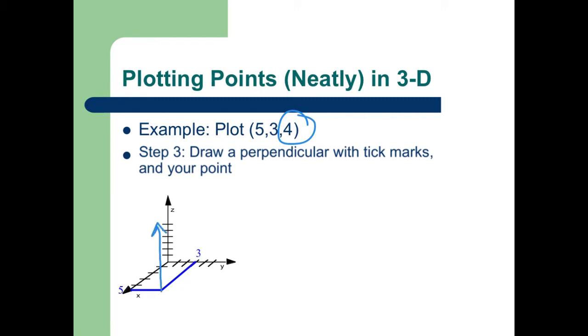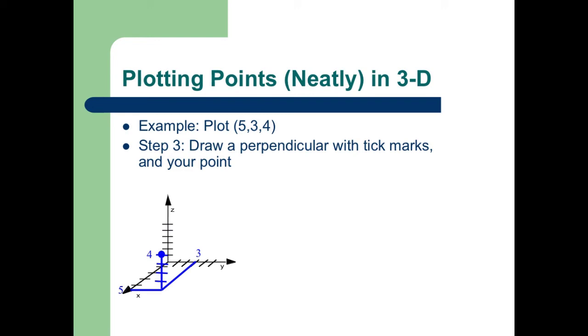I'm going to go 1, 2, 3, 4. And I'm going to put a big blob there signifying that's where my point is. And then I'm going to label my point. Since I'm so close to the z-axis, I'm just going to write 5, 3, 4 here.